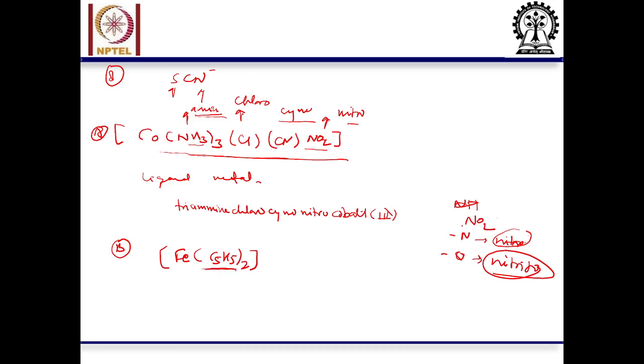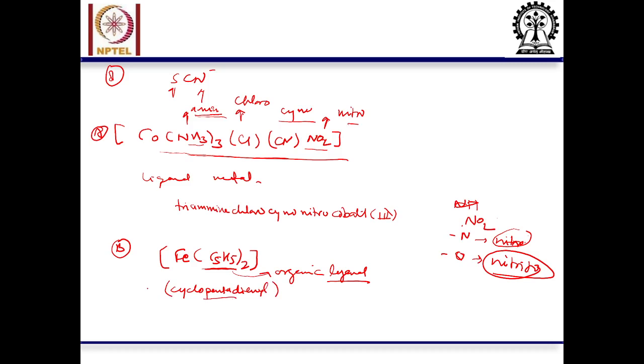So first, this is an organic ligand. The organic ligand name we have to write as such. So what is this? This is cyclopentadienyl, right? Now the penta is already inside, and this is 2, so we can't write it as di.